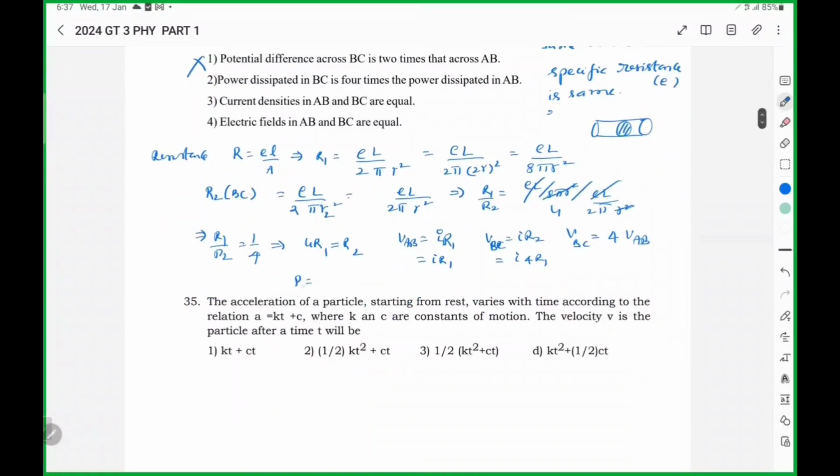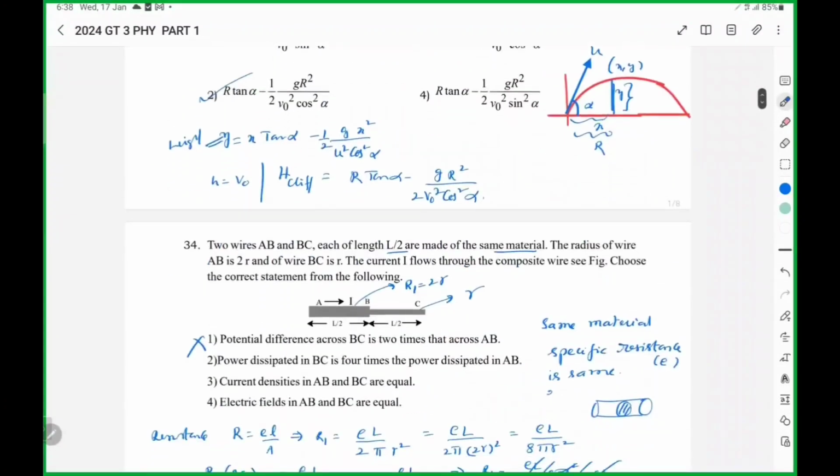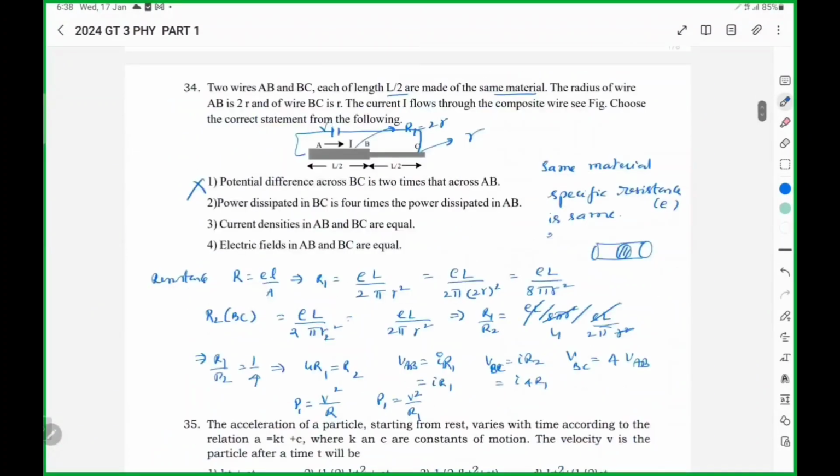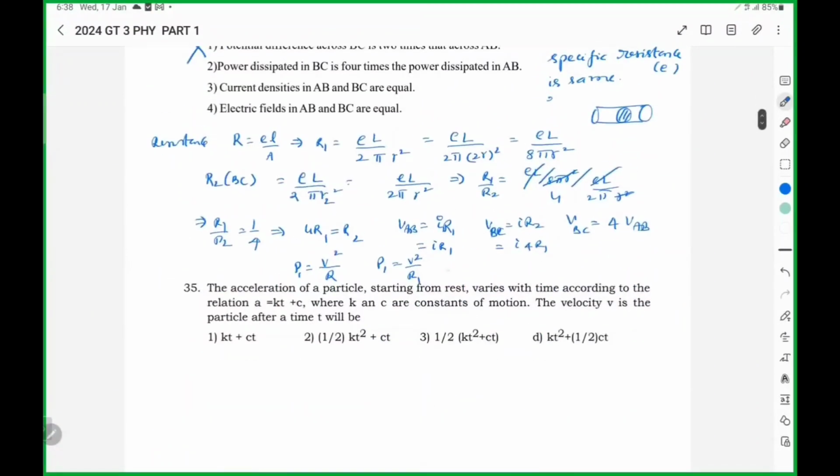Power here is V square by 4R1. So for power, V square by R1, because both are connected to a battery whose potential difference is V, only the power changes.